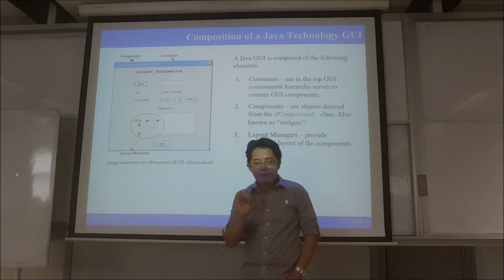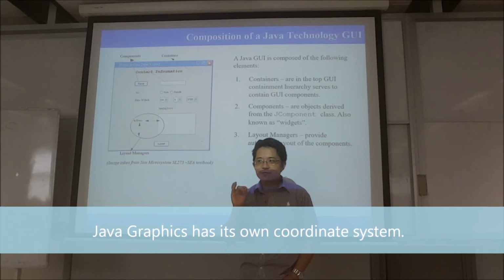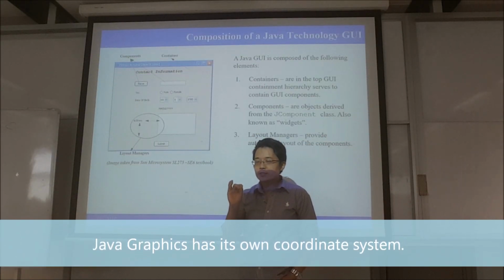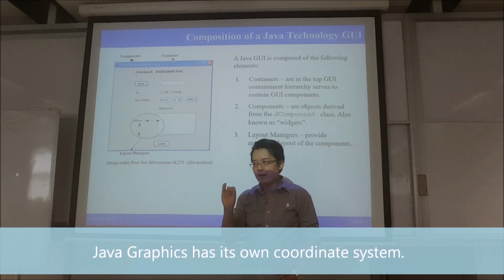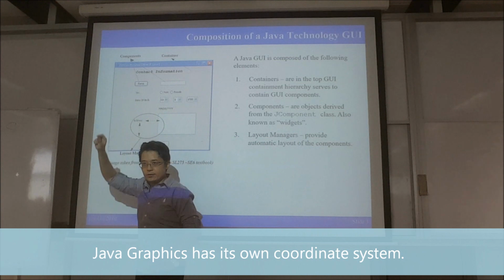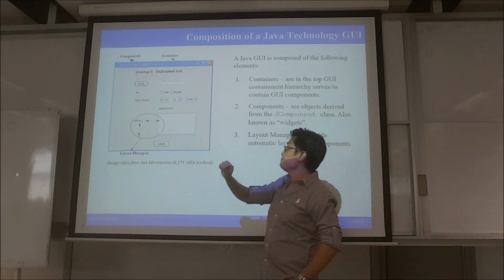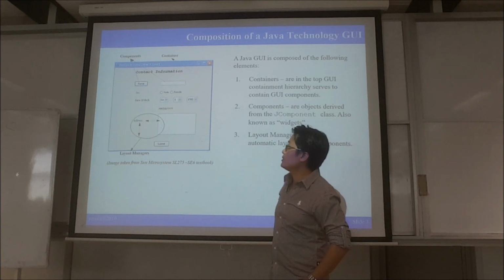Now, you can arrange them by putting them on certain coordinates. The coordinate of a container starts from 0, 0, which is on top left, not bottom left, from top left. That is 0, 0, just underneath the blue title bar, yeah? That is 0, 0.